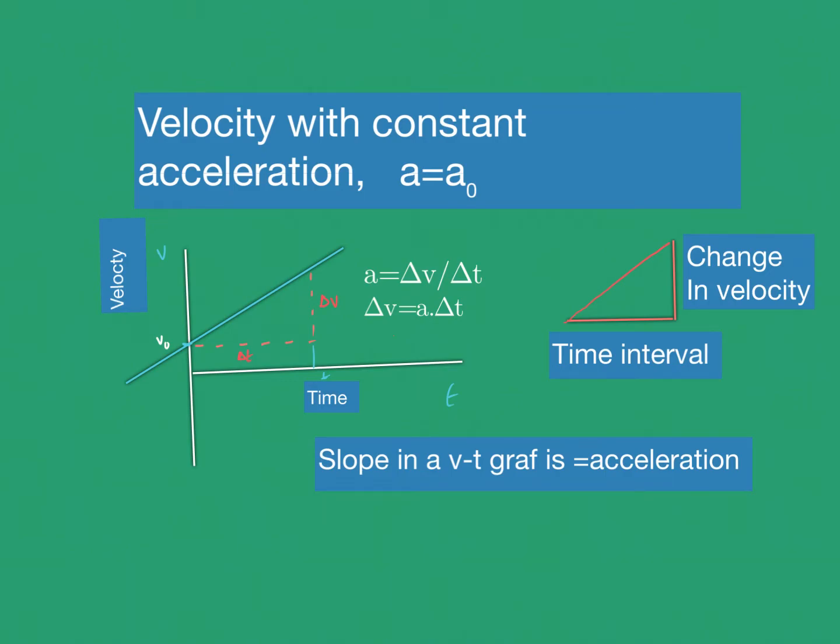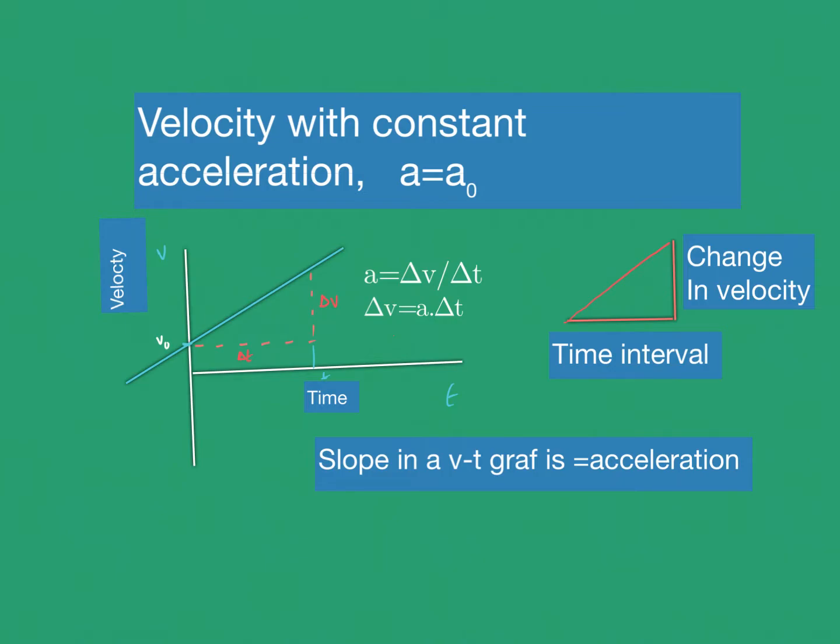Let's go to see more things. When the acceleration is defined as the change in velocity per unit of time, this equation is important. The change in velocity is a times delta t, no doubt. So this is the graph of the velocity, this is the initial velocity, and the velocity is changing at a constant rate. Why do I know that it's changing at a constant rate? Because it's a straight line, and a straight line doesn't change its slope.